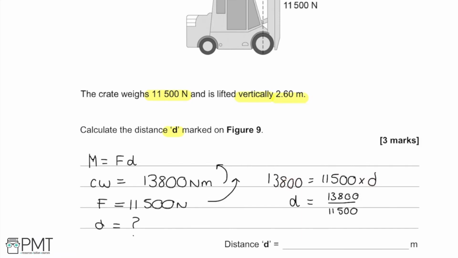And then that's going to leave us with a distance, which is going to be 1.20. And then that distance is going to be in meters here, because if we go back, we had the moment, which was in newton meters, over the force, which is in newtons. So the newtons cancel out and leave us with meters. So the answer to this question is 1.20 meters.